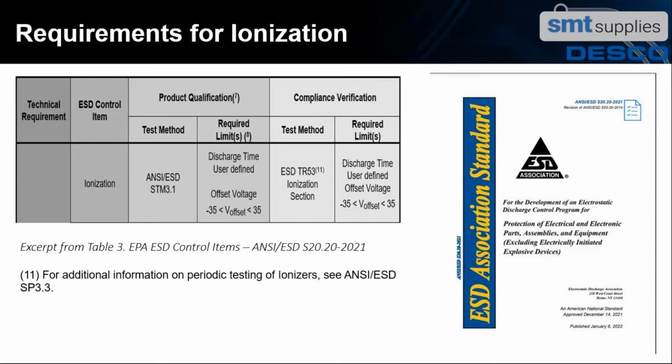It's also often called balance, being in and out of balance. The official word is offset voltage. So we're looking at a maximum of 35 volts, positive or negative. And again, a contact voltmeter would be what you would use to actually measure the charge on a device. And we're going to talk about testing for offset voltage when we do the demos later.